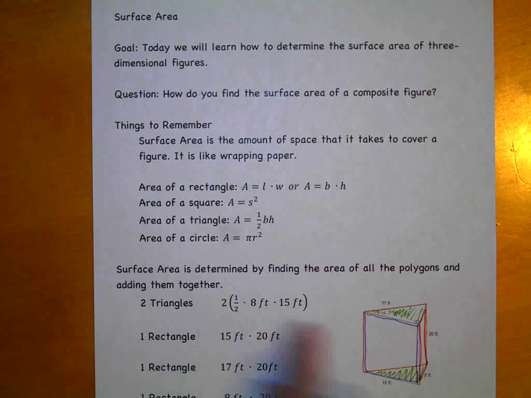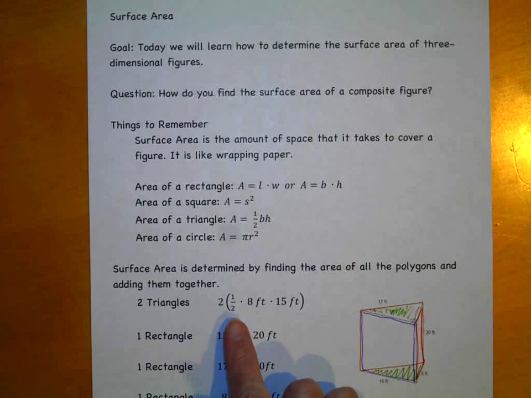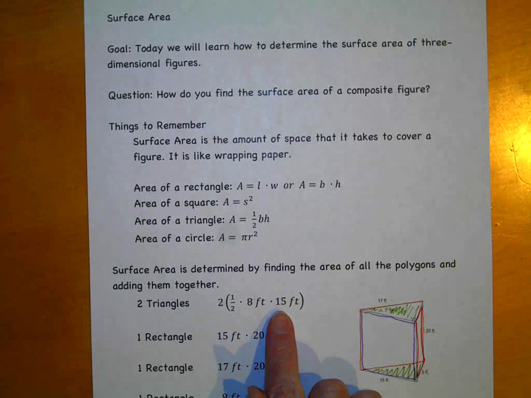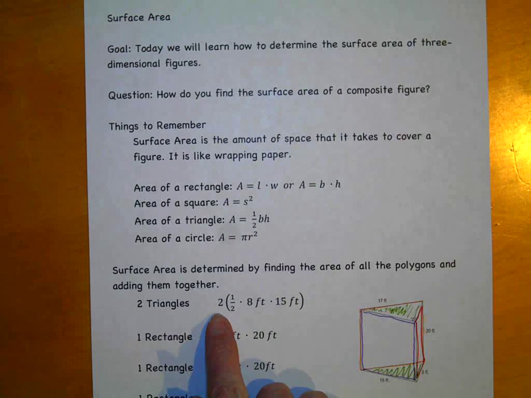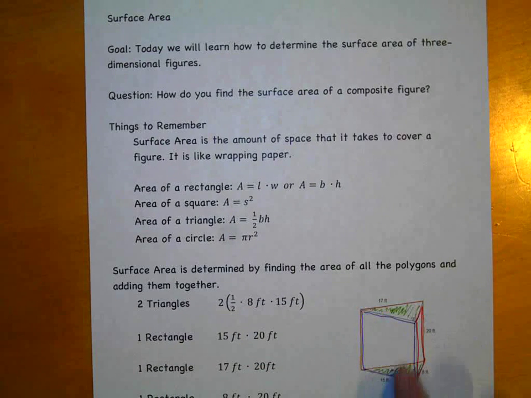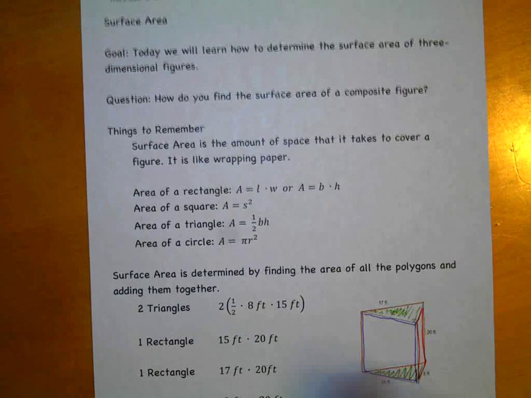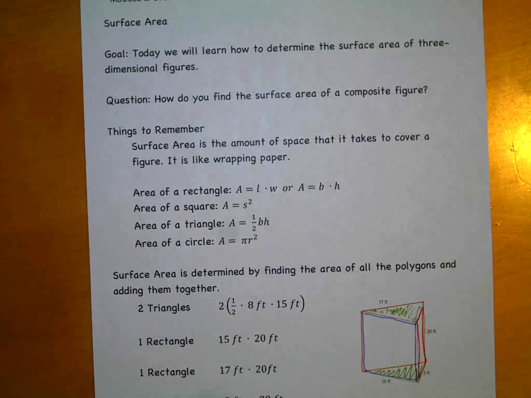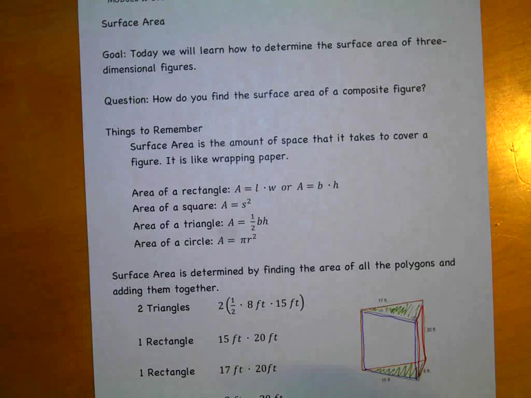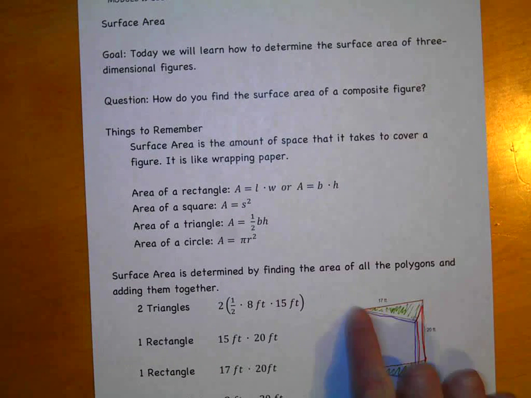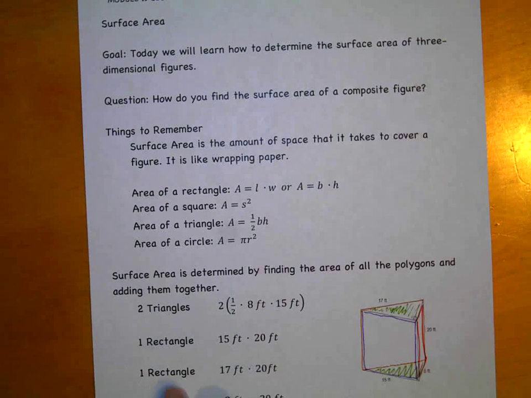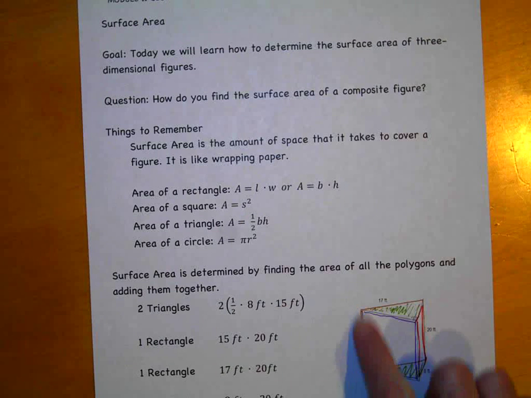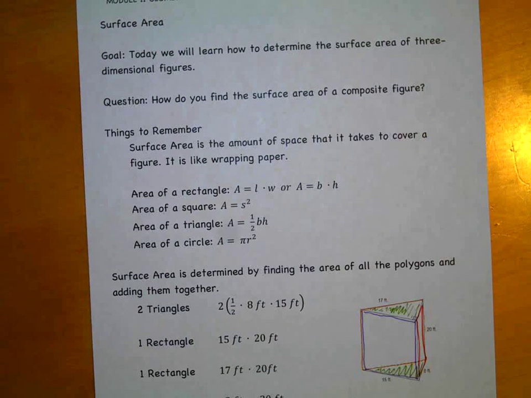And so the two triangles, I went ahead and wrote out the dimensions for you. So it says half of 8 feet times 15 feet. Then we have to do that times 2 because there's two triangles, okay? And then it says that we have to take the area of the rectangle that is 15 feet by 20 feet. So 15 feet by 20 feet, that would be that guy. And then we have a rectangle that says 17 feet by 20 feet, so that would be the orange guy, the bottom of the tent.